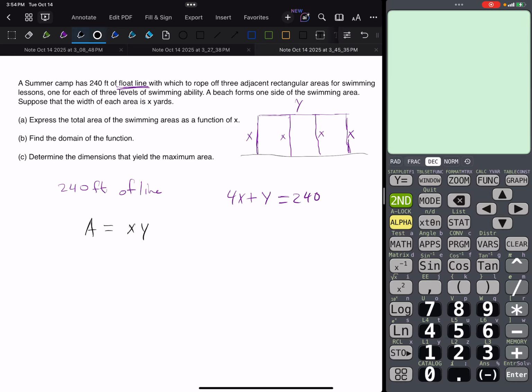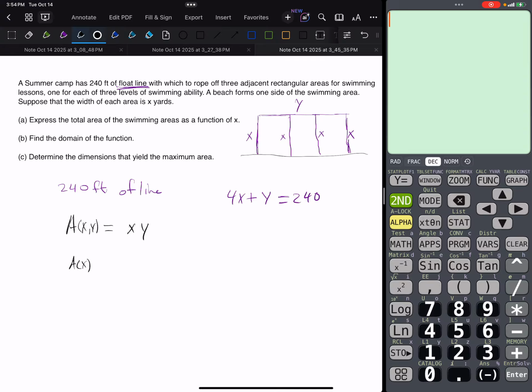That second variable y is really messing us up. And so how do I actually come up with my A of x? If I was being careful with this, I would notate that A as a function of x and y. And I really just want that as a function of x. I don't want any y's to be seen.